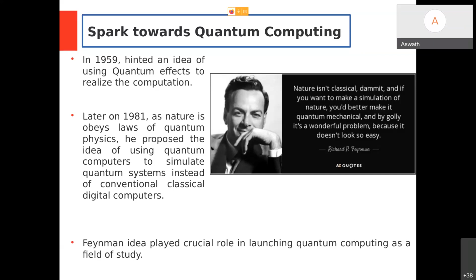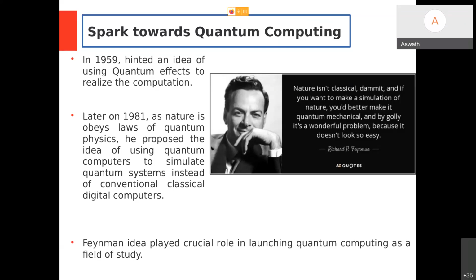So he said we had better have a machine based on the laws of quantum physics, not regular physics. We have classical physics, electromagnetic theory and classical mechanics, but those are not sufficient. We have to go a little further, using the laws of quantum physics.